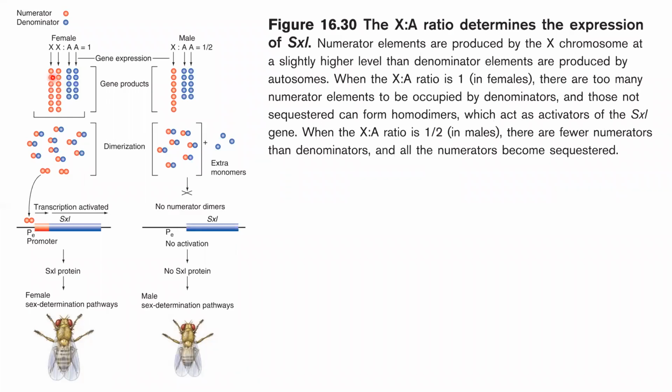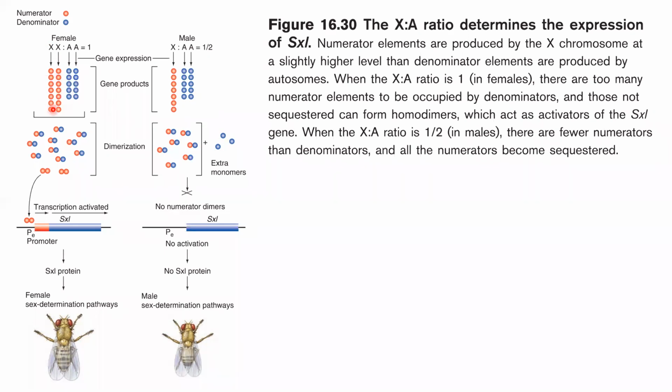On the X chromosome are the sisterless numerator genes sis-A, sis-B, and sis-C. So these are the products of the sisterless numerator genes. And on the autosome are the deadpan denominator genes.